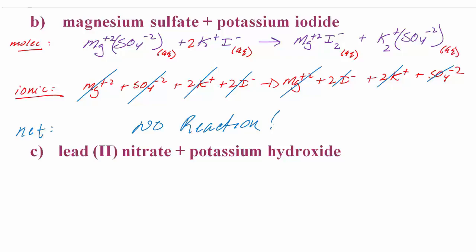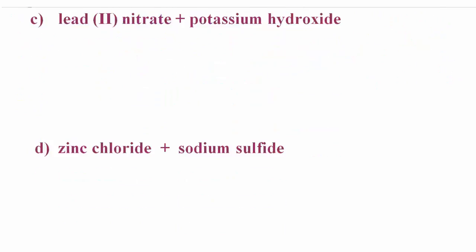So when everything is AQ, you pretty much just write no reaction. You're done. Lead 2 nitrate. So I have a lead 2 and a nitrate. So that 2 had better be a subscript. I have potassium hydroxide. Potassium is a plus charge.